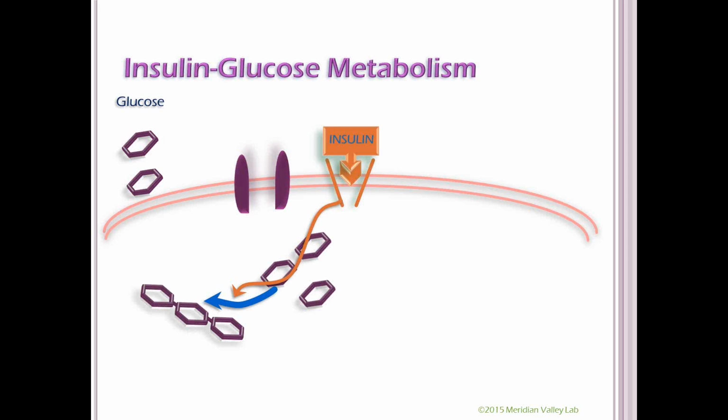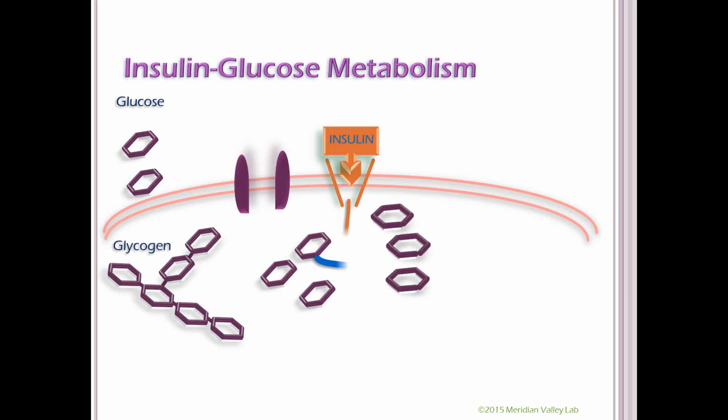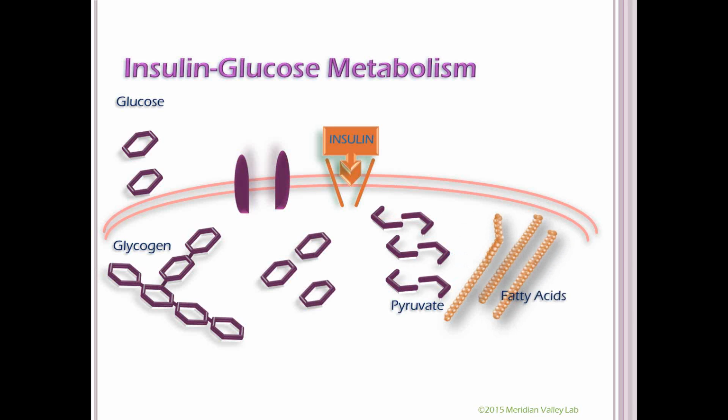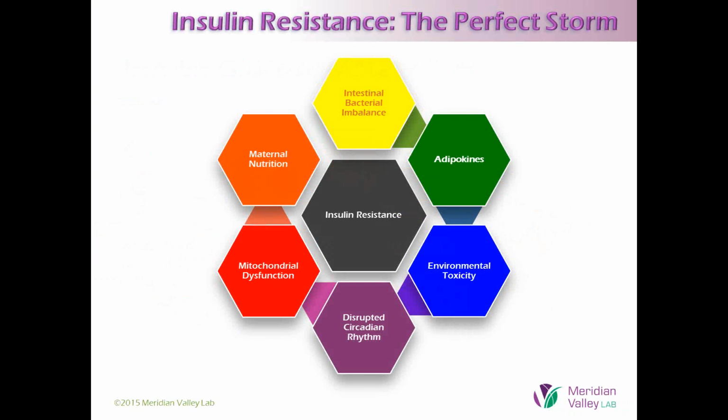That insulin signal also stimulates glycogen synthesis. Think about metabolically being in the well-fed state. And then the insulin signal secondarily stimulates the generation of pyruvate in glycolysis. And then, of course, we can do fatty acid synthesis. And insulin, of course, is responsible for all of those things.